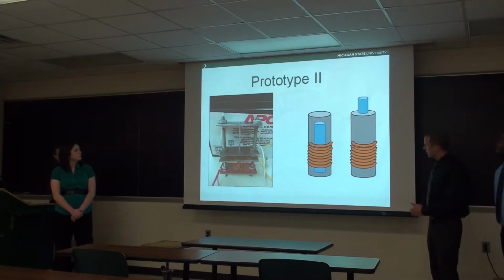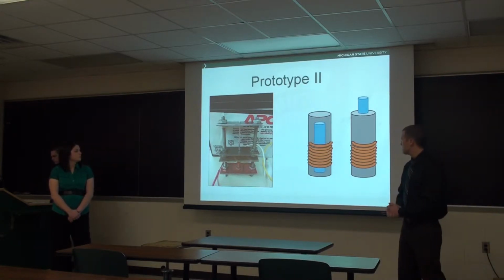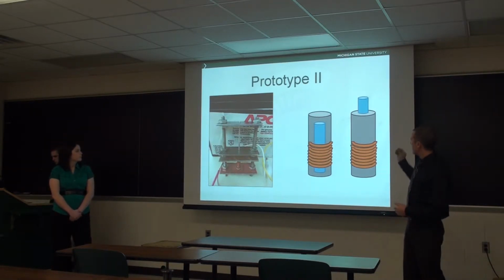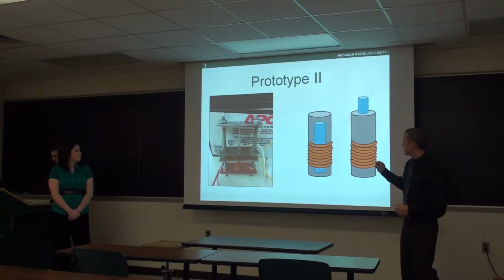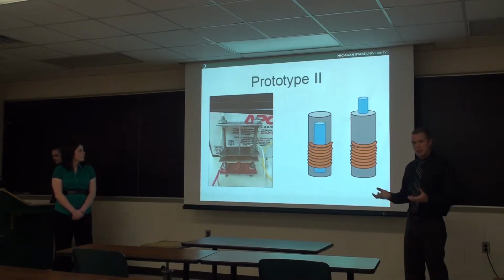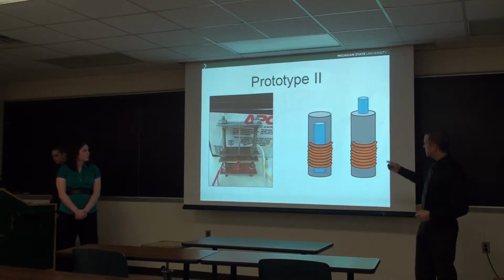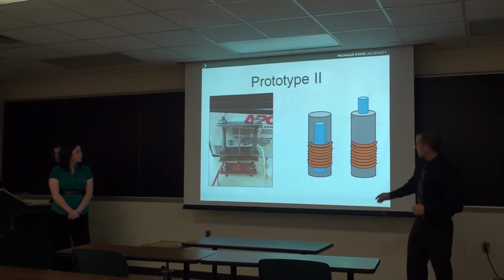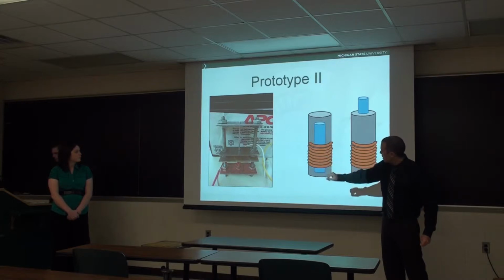This is our current prototype, which performed much better than the first one overall. Basically what this consists of is we used a hypodermic needle and wrapped that in copper wire, which in turn creates a solenoid. Inside of that we have a neodymium magnet pin, as you can see on the right there.